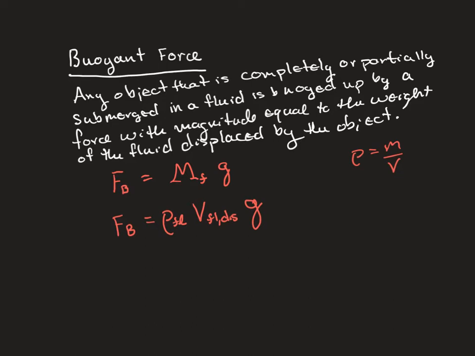And then you can sink that volume below the surface and you know how much volume of fluid's been displaced. So that means we've now learned how to calculate a new force. So we need to know how to apply that in a Newton's second law type problem. But before we do that, I want to show you guys a simulation to once again emphasize what exactly this buoyant force means.